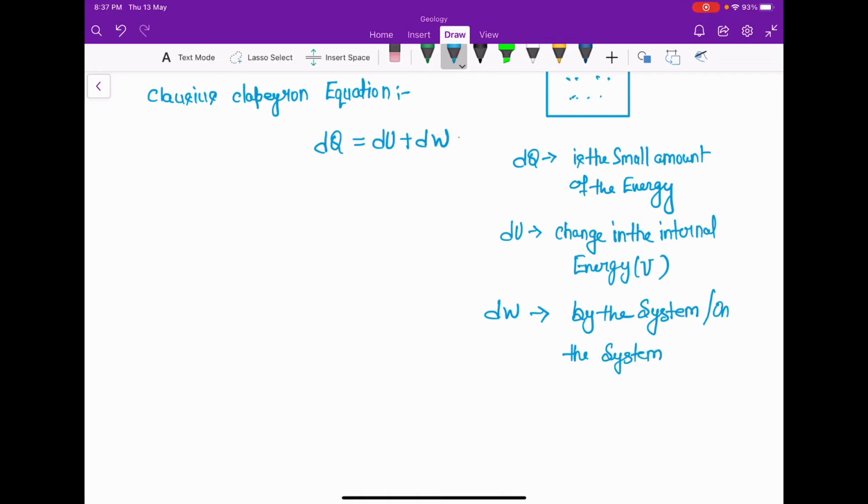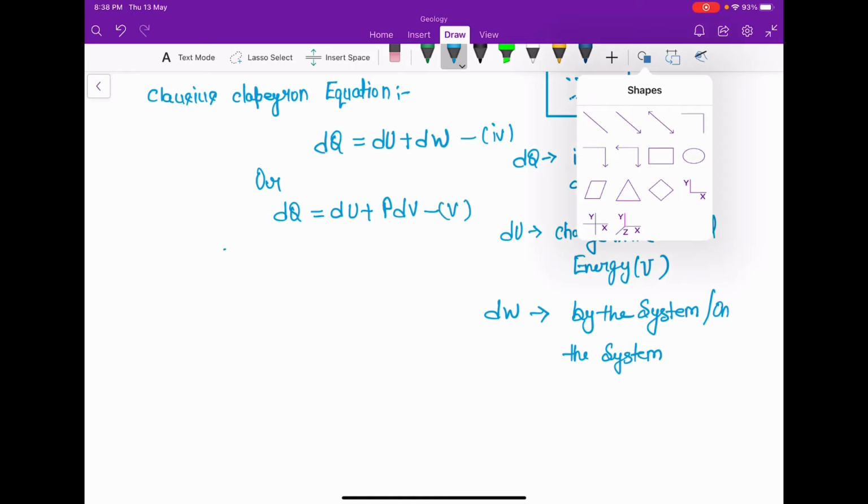So this is your first law of thermodynamics, or it can be written as dq equals du plus dw, and dw can be written as p dv. So this will be equation 4 and this will be equation 5.